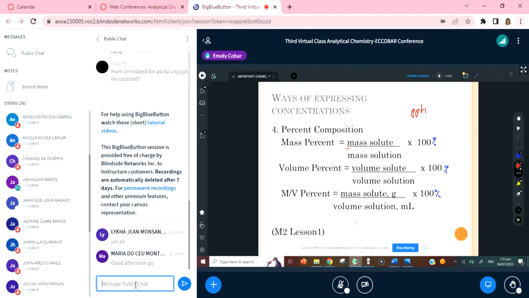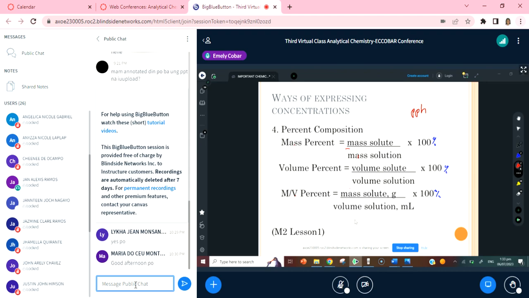Next, pag sinabi naman natin M over V or mass over volume percent, yung solute natin is in grams at ang volume ng solution usually is in mL times 100. Siyempre, dito, parehas ng unit of mass ang solute at solution. If grams ang solute, grams din ang solution. Kung mL ang solute, mL din ang solution.